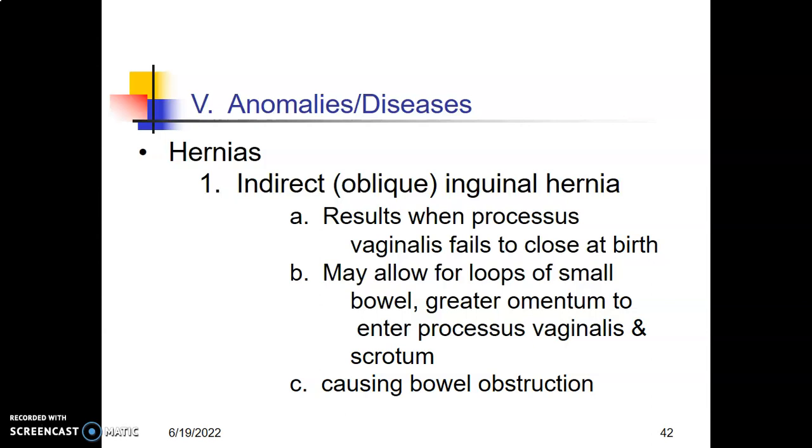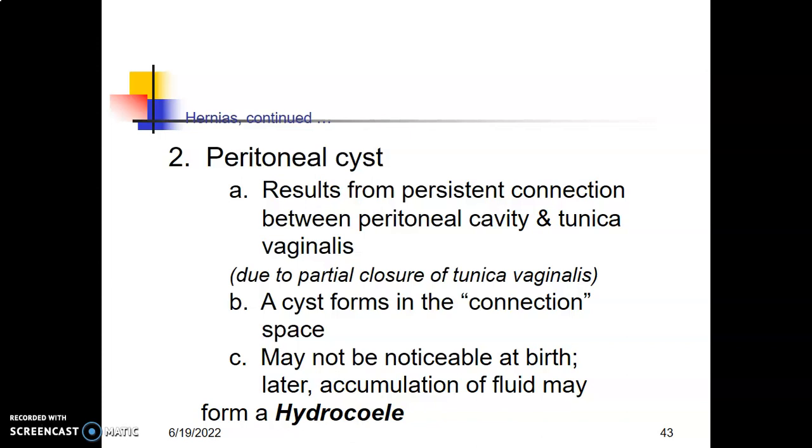This indirect hernia is mainly in children, and it results from a persistent processus vaginalis that fails to close at birth. The processus vaginalis is a potential space that allows a loop of bowel or greater omentum to enter the scrotum. They will herniate from the abdomen through the processus vaginalis into the scrotum, and eventually this can lead to strangulation and bowel obstruction.